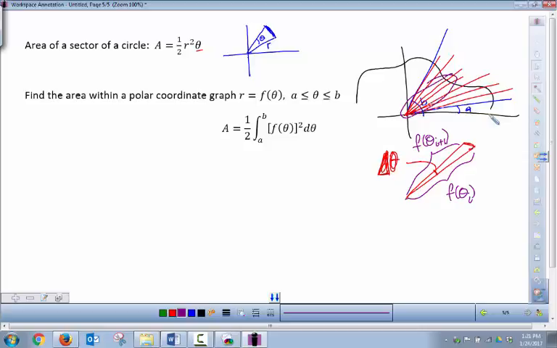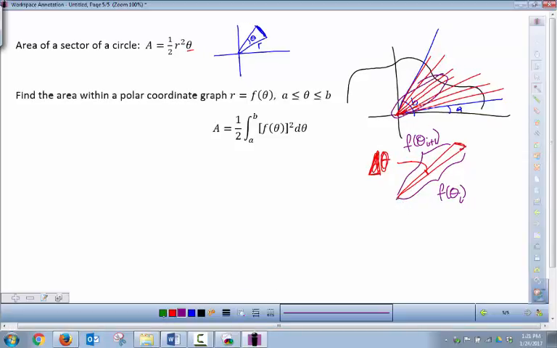You can either do the left-hand endpoint or the right-hand endpoint or the midpoint or any of those other Riemann sum tricks. The bottom line is this distance over here, in green, would be f of theta sub i star.